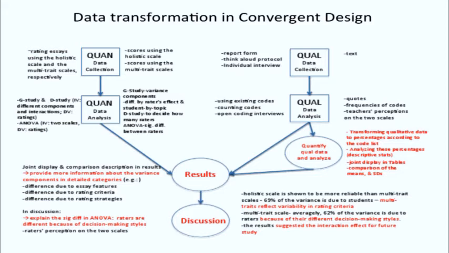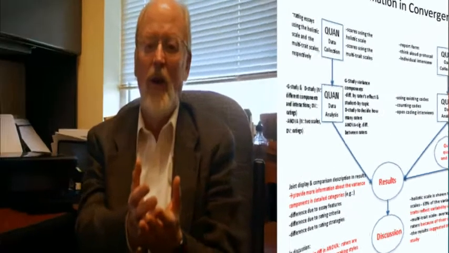They counted how many themes, or you could count how many codes. And so then that quantitative data is merged into the other quantitative database, and the qualitative data are transformed into quantitative forms of data. So that's called data transformation.